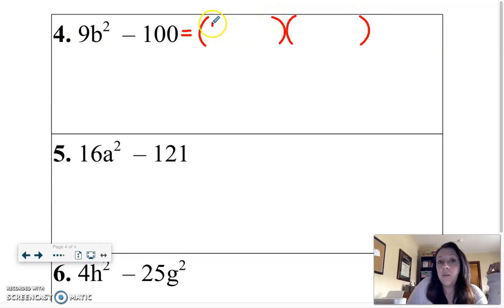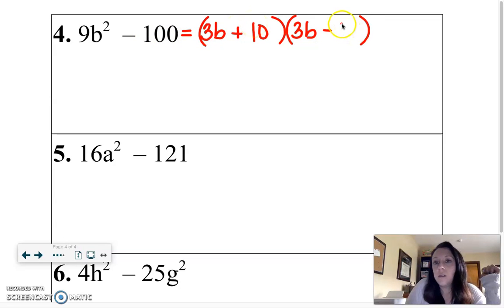I'm not going to have just b times b, because I don't just have b squared here at the beginning this time. This time I have 9b squared. So what would I need to do to get 9b squared? I would need 3b times 3b. You see what I mean? So these 2 numbers will multiply to equal that first thing. And then you can still do your 1 plus and your 1 minus and figure out what times what equals 100. Okay, there's your answer.